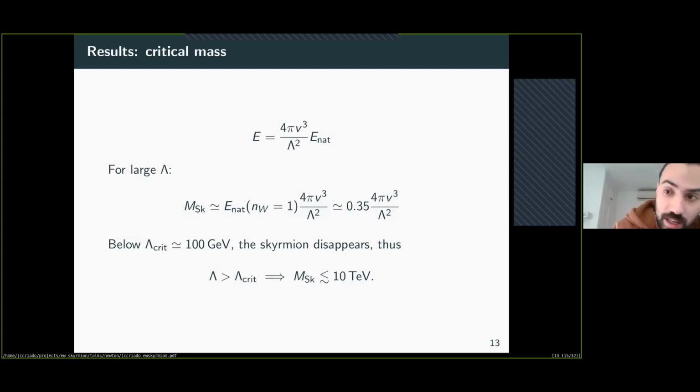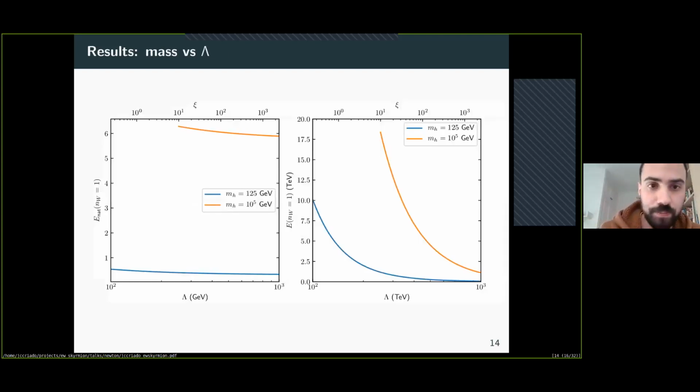And because there is a lower limit on lambda, this means that there's an upper limit on the mass. So skyrmions of masses higher than 10 TeV cannot form, because this would correspond to very small values of lambda, which don't allow for the existence of the skyrmion. And these plots are just the same as I was saying with formulas, but with plots.